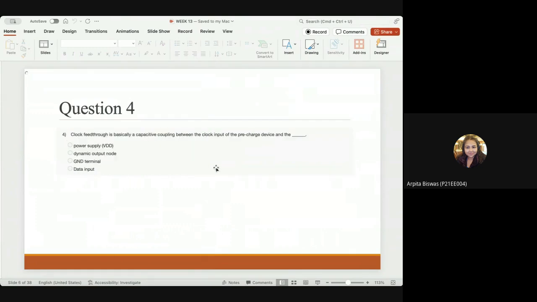Clock feedthrough is basically a capacitive coupling between the clock input of the pre-charge device and the dash.